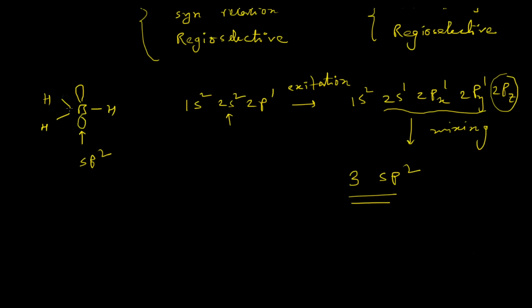In this case it is BH3, but in other boron compounds where these hydrogens are replaced by other groups, for example halogens or alkyl or aromatic groups, the boron will also possess the same hybridization state with a vacant p orbital. This accounts for the tremendous Lewis acidity of boron compounds.